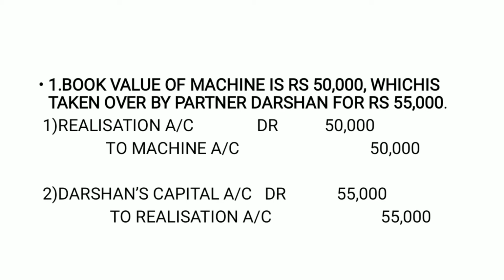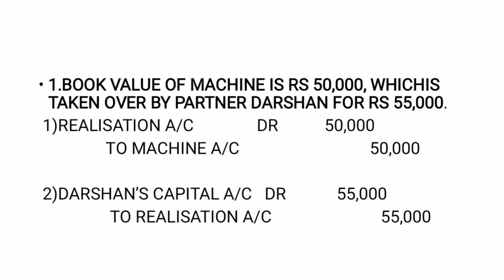When the assets are closed, the book value of the machine is 50,000. Always remember one thing: whenever you are closing accounts of assets and liabilities, you always have to close them at their book value.